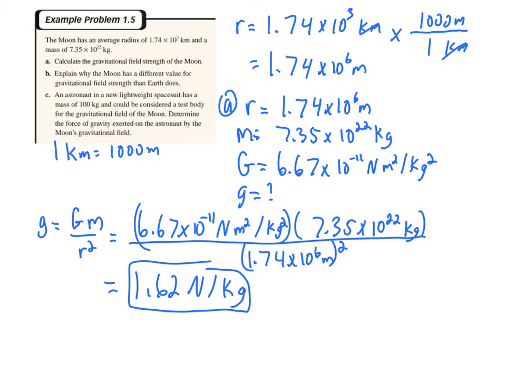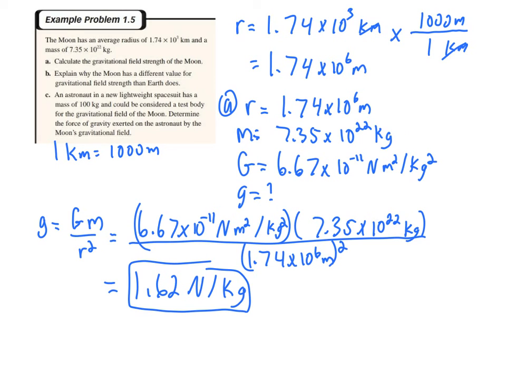I'm just going to do the answer for B verbally: explain why the moon has a different value for gravitational field strength than the Earth does. It's because it has a different value for the radius. The moon is much smaller than the Earth, and it also has a different mass because of that.